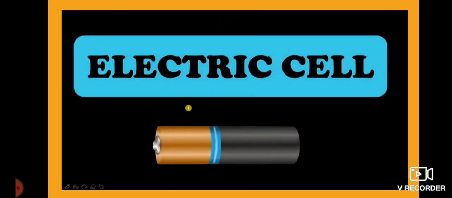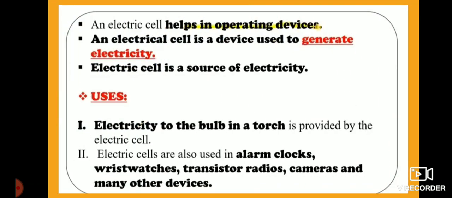Now we are going to study in detail about electric cell. All of you are familiar with electric cell, right? An electric cell helps in operating devices. An electric cell is a device used to generate electricity.